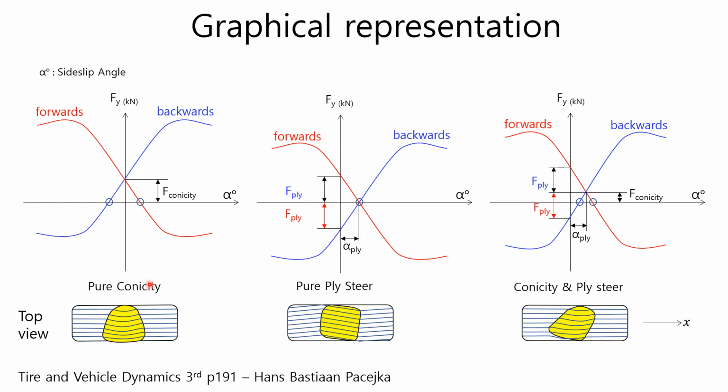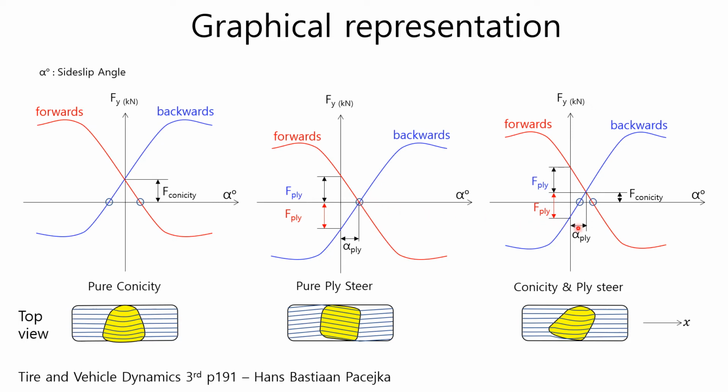For the pure conicity, the intersection of forward and backward rolling is on the vertical force axis. For the pure ply steer, the intersection is on the horizontal side slip angle axis.